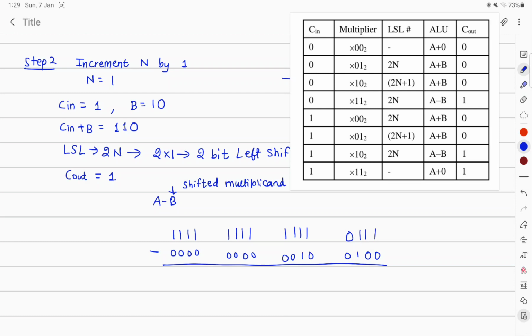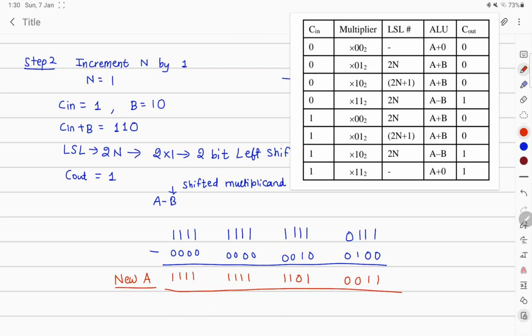So I used to speak 1 2 3 4 so that I don't have any confusion in how many ones and zeros I have typed. So if you do this, you will get again 1 1 1 1 1 1 1 1 1 1 0 1 and 0 0 1 1. That is your answer, and it will be your new A. It will be your new partial sum.